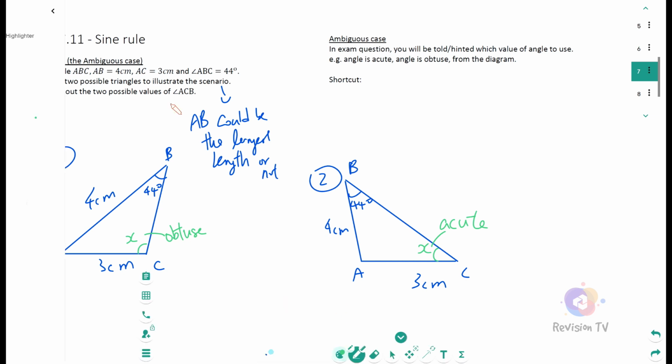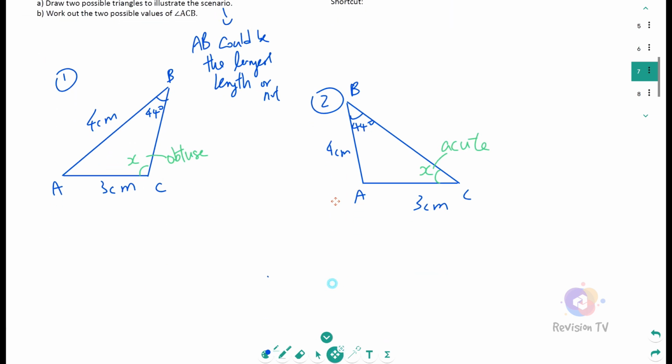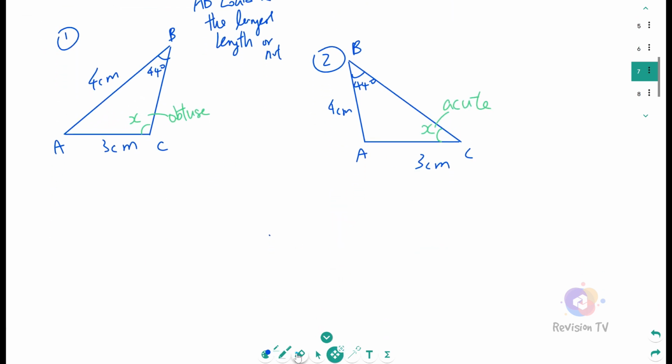Ignore the fact that they're obtuse or acute. Let's try to work out the sine rule, to work out x for both of them. So sine rule: sine x over 4 equals sine A over 3, so sine x equals sine 44 degrees over 3 times 4.